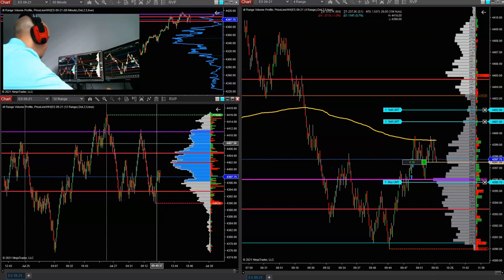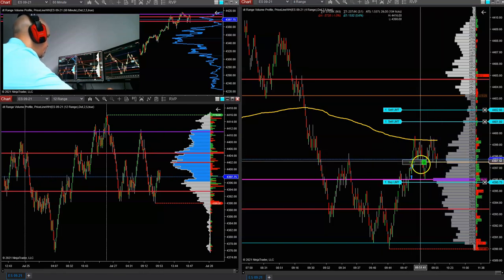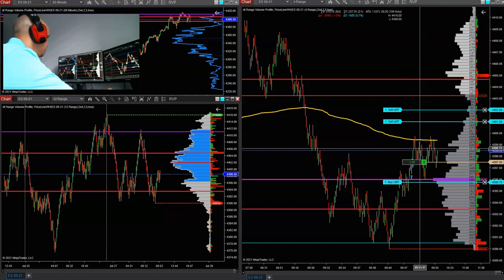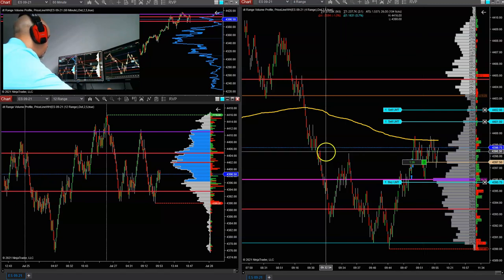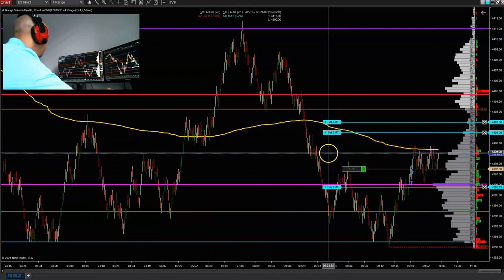Okay, we're pulling back again. You see price just rotating right now, ranging around this area here. It's going to have to break. Let's see where we're sitting at here.